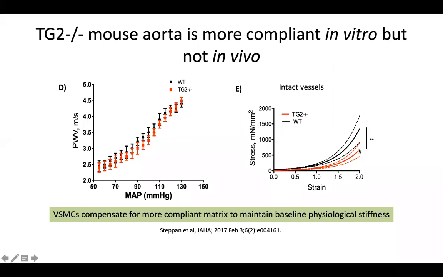And when we compare the stiffness of the intact vessels, we see that in vitro, outside the body, the difference in stiffness is perceivable, but in vivo, when we look at the PWV index, it's just completely missing. What we can conclude from this is that the vascular smooth muscle cells somehow compensate for a more compliant matrix to maintain physiological, or in vivo meaningful, stiffness.